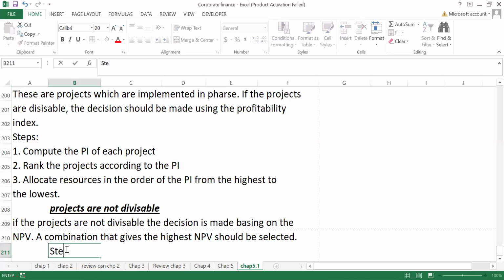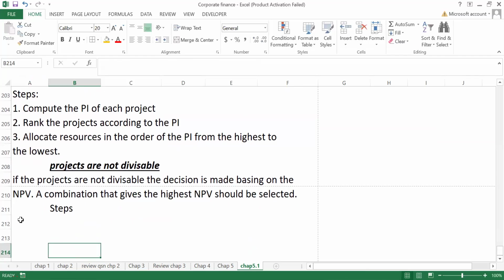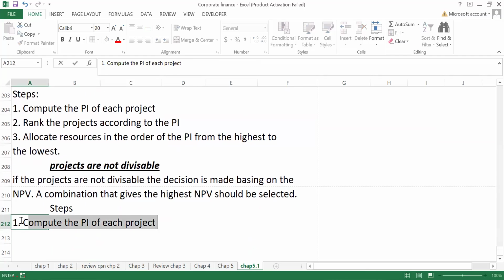So the steps here. Step number 1, compute the NPV for each project.